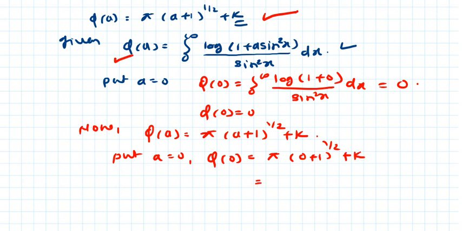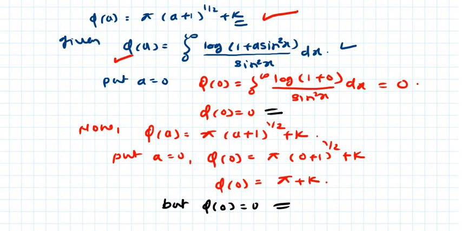So this will be pi plus k. So this is the value for phi of 0. But from the other equation we got the phi of 0 value equal to 0. This implies pi plus k should be equal to 0. This implies k is equal to minus pi.